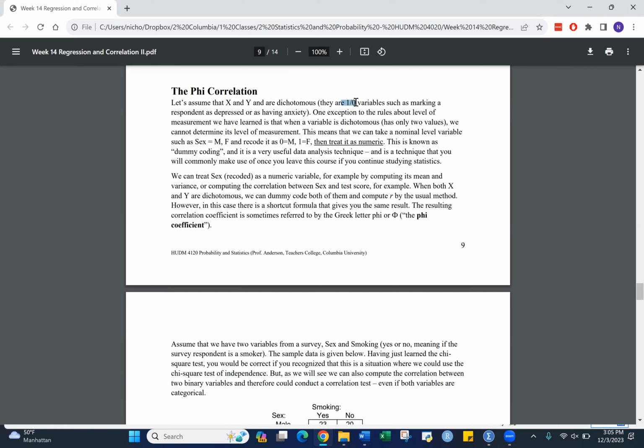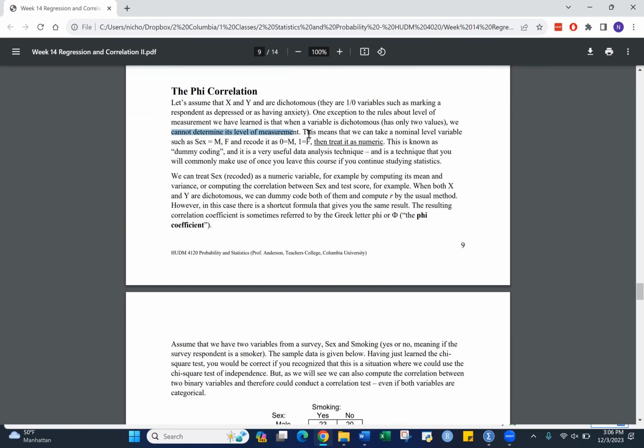It's a 1 or 0 variable. So once it's 1 or 0, there's actually this exception to the rule about the levels of measurement, where if it has only two values, then we cannot determine its level of measurement. That means it could be nominal, ordinal, interval, or ratio.